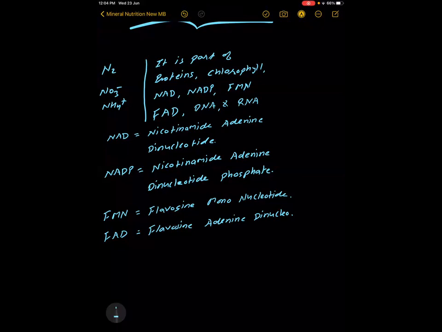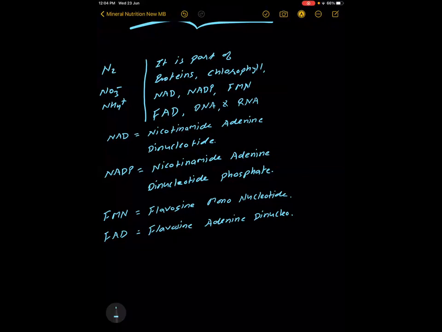Where are FMN and FAD used, sir? NAD and NADP are used in photosynthesis and the electron transport system. NAD is used during respiration, forming NADH2. Similarly, FADH2 is formed during the Krebs cycle in reduced condition.